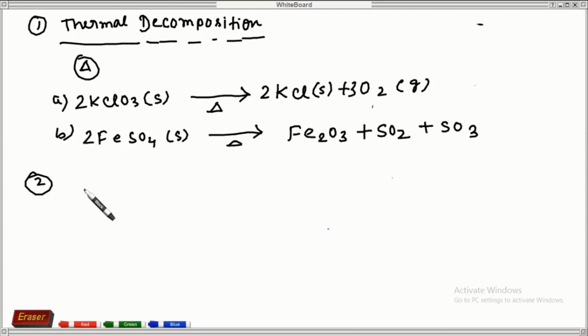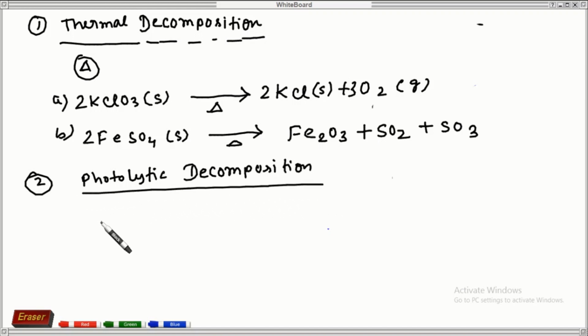The first one is thermal decomposition. The second one is photolytic decomposition. For photolytic decomposition, examples are, let's take one example, AgCl.